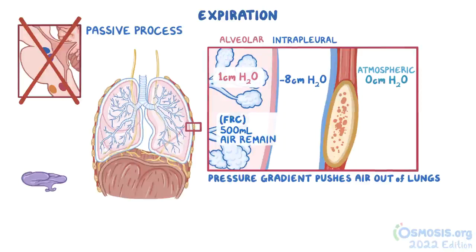Now the intrapleural pressure becomes less negative during expiration compared to inspiration, going back to a value of -5 centimeters of water. Basically, at the end of this phase, all volumes and pressures return to their values at rest, and a new breathing cycle begins.